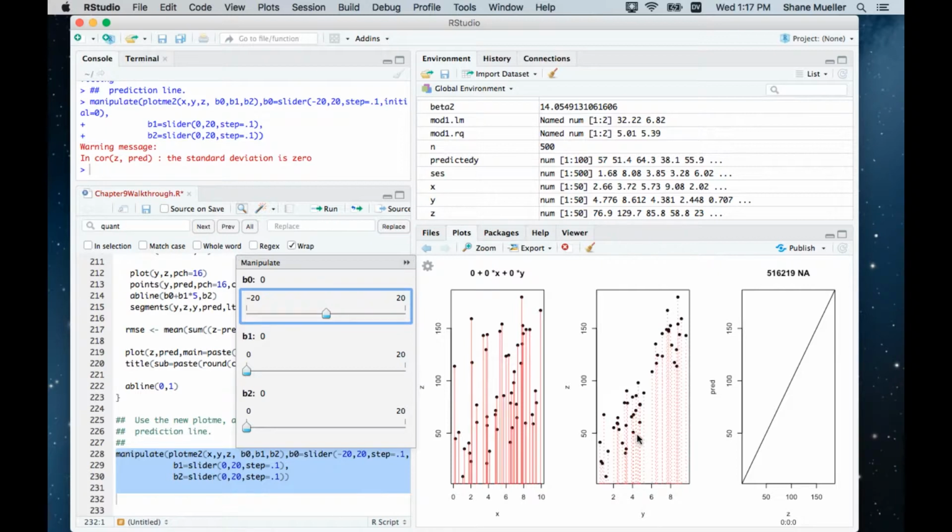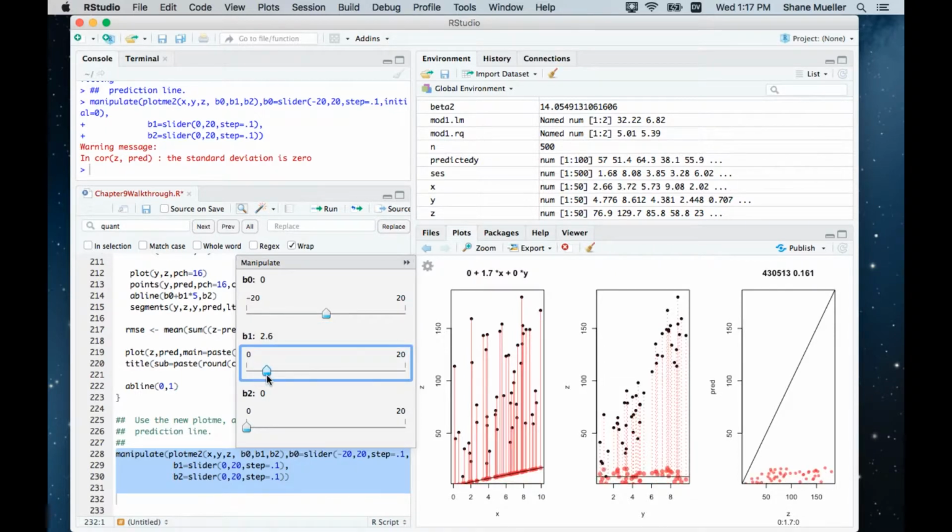These are the two predictors. So if this was folded 90 degrees out toward you, this would be a sort of a cube. Every point here corresponds to another point here, and you could visualize it that way. And this over here just shows the model's overall goodness of fit. So maybe I want to see what happens if I start changing this slope, and that's the slope related to this.